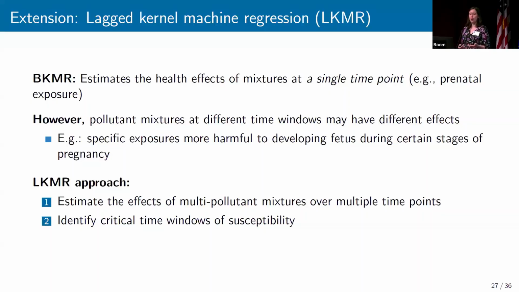So for example, in the context of pregnancy cohorts, specific exposures might be more harmful to the developing fetus during different stages of pregnancy. And so the lagged kernel machine regression, LKMR approach, estimates the effects of the pollutant mixtures over multiple time points, and it enables you to identify critical time windows of susceptibility.